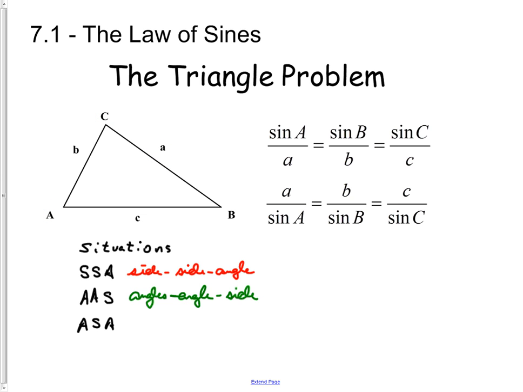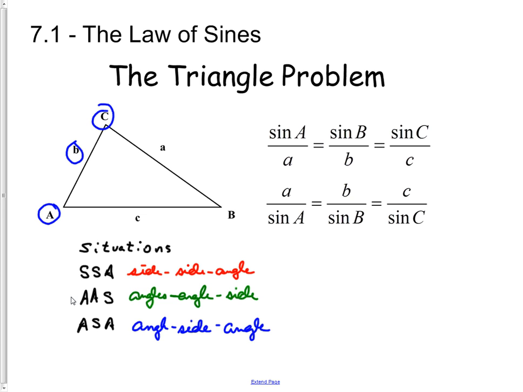If we're given two angles and a side included between the two angles, when we want to include a side between two angles, we call that angle-side-angle. And in this situation, angle-side-angle, we might be given enough information right here that we can figure it out.